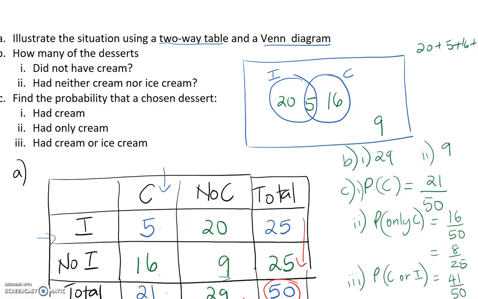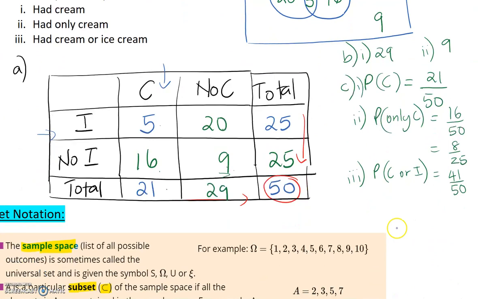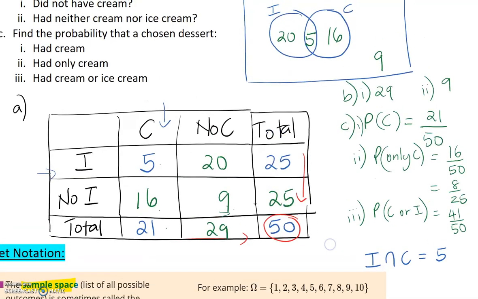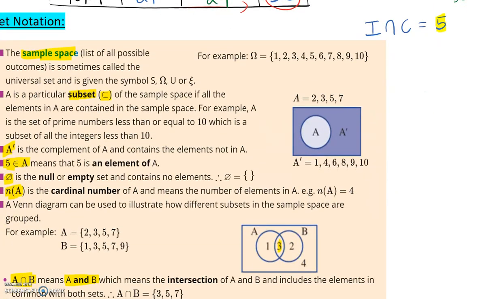So if we go back to this example of ice cream and cream, I intersection C is equal to 5, which means, and I'm just going to highlight that, that 5 and that 5. Another way of saying I intersection C is I and C. That's another way.